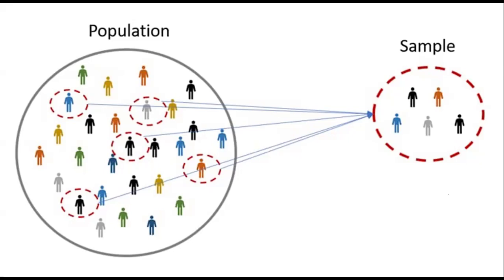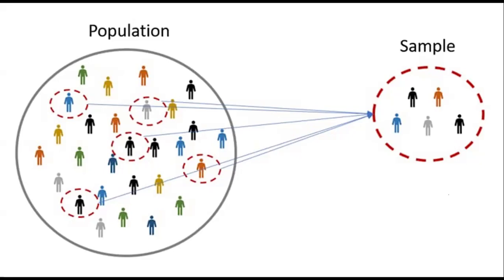And in that case, the population will be different. It will not consist of humans. It will consist of the material or the material manufactured. So the population is based on your research, what you are going to study.